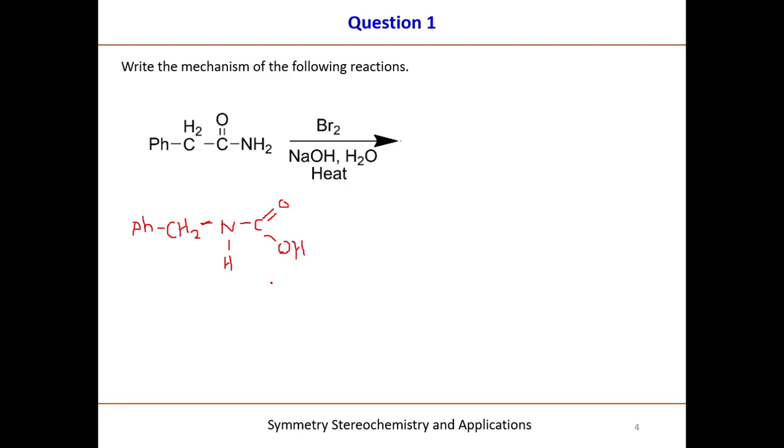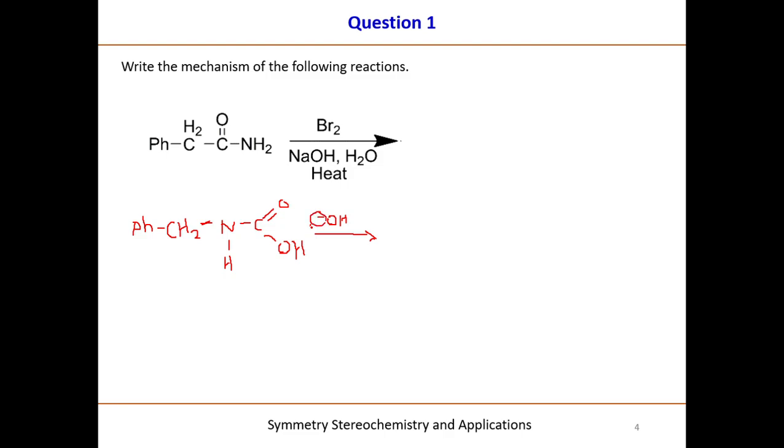Now this carbamic acid will release the CO2. So how will it react? OH minus will attack here. Again deprotonation will take place. This is OH minus.